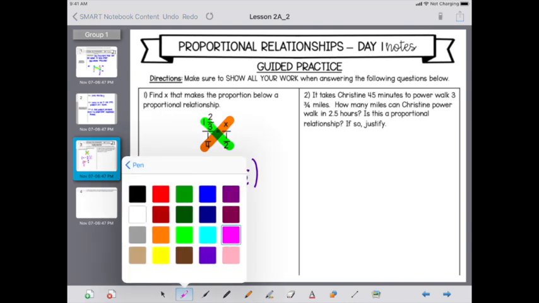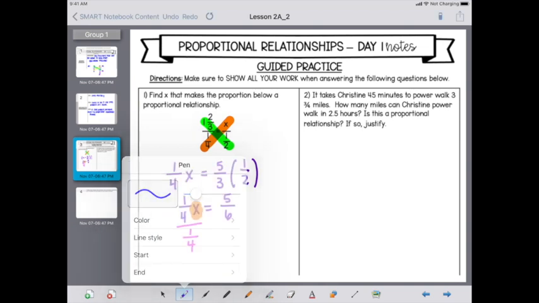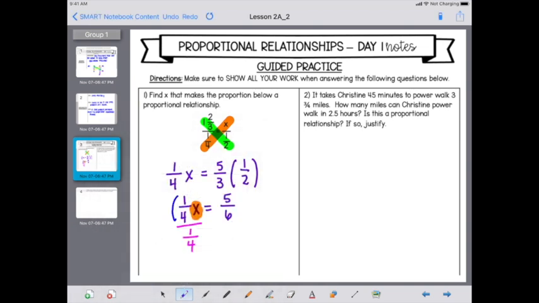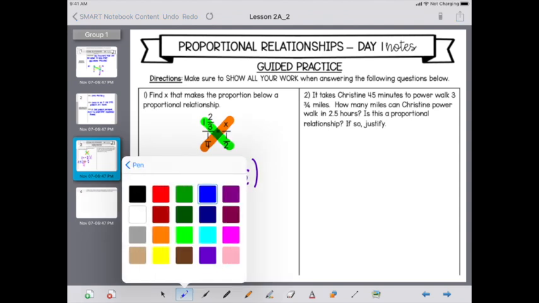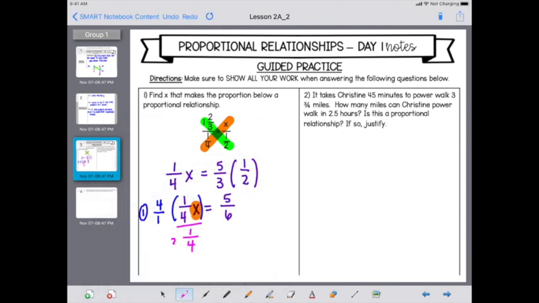Another thing that you can do, you can multiply by the reciprocal, 4/1. So you can either do the method of taking the reciprocal, or you can divide by the fraction. Either method is going to work and give you the same answer.